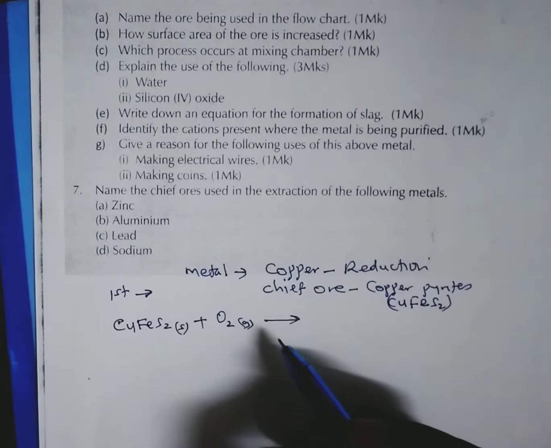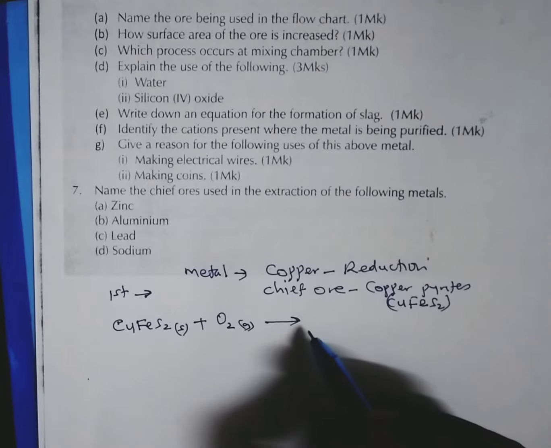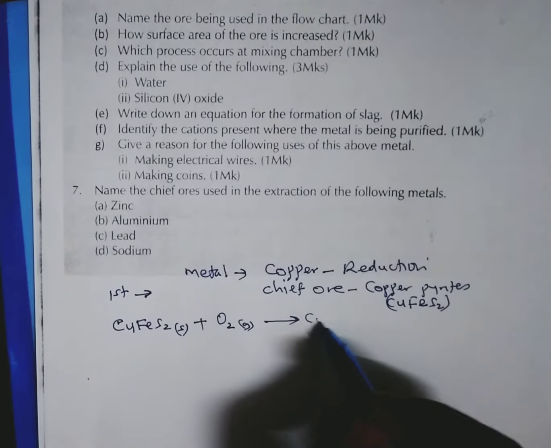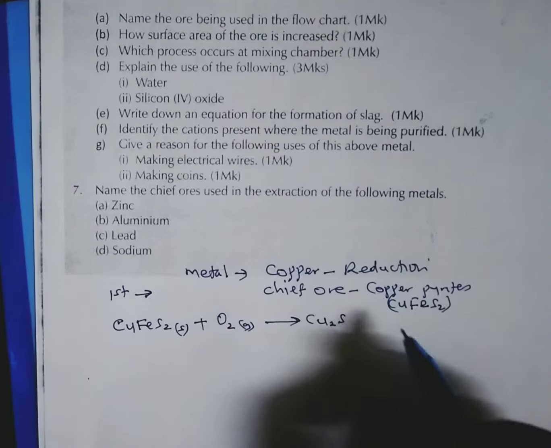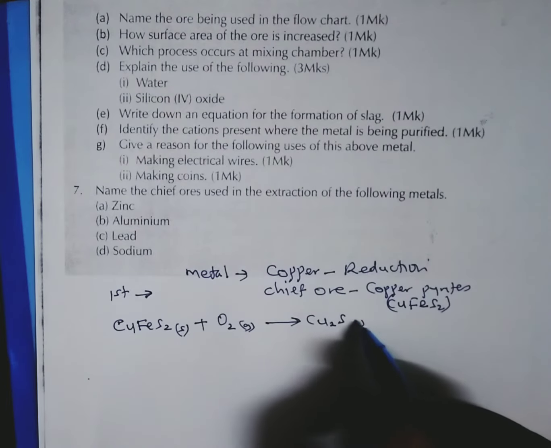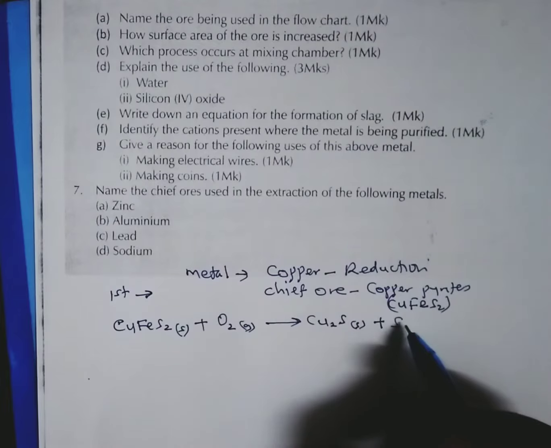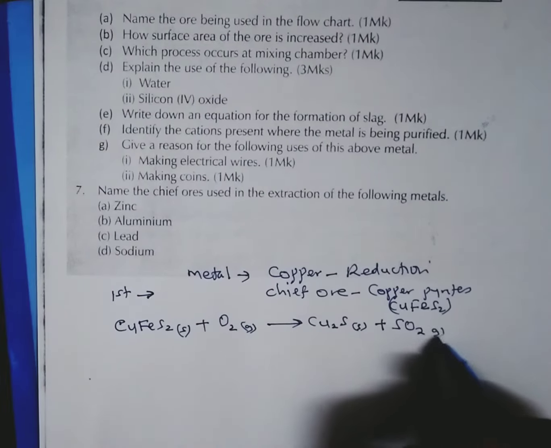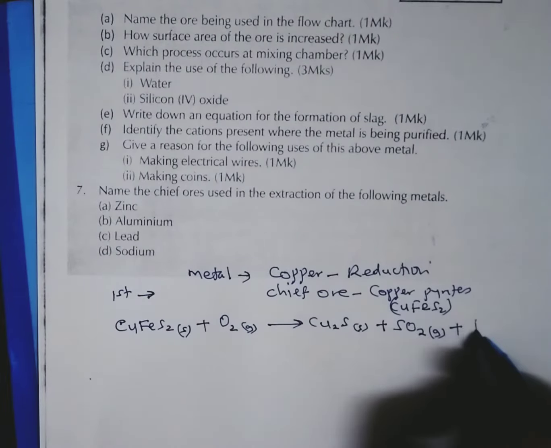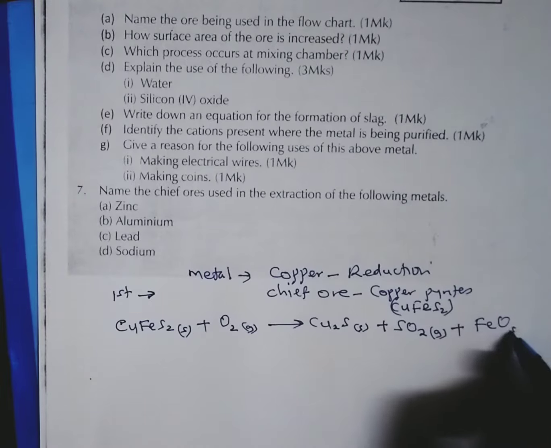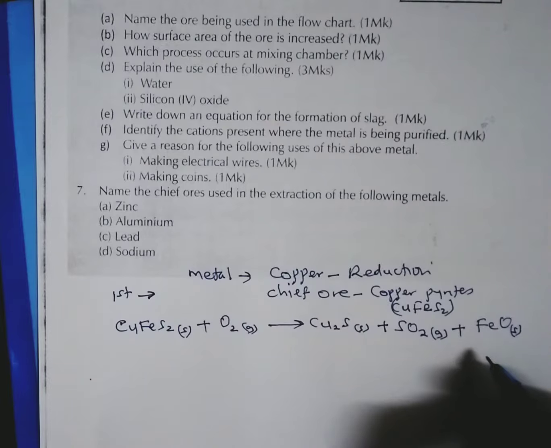and this roasting of copper pyrite will give us a copper 1 sulfide, which is a solid. It will give us sulfur 4 oxide gas, and lastly we have iron 2 oxide, which is a solid, or we can call it the impurity in the concentrated ore.